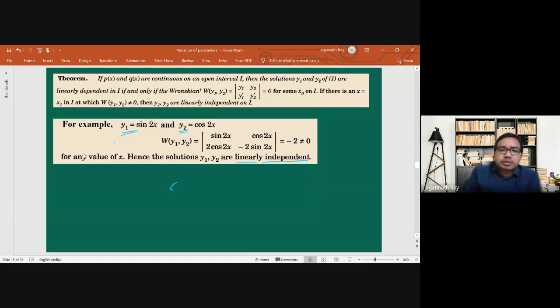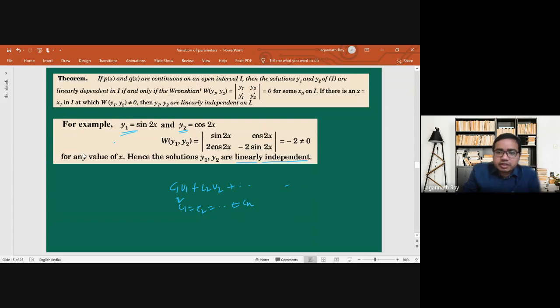Like we used C1 P1 plus C2 P2 plus Cn Pn in linear algebra, if this equation gives C1, C2, Cn equal to 0, then we say these vectors are linearly independent.